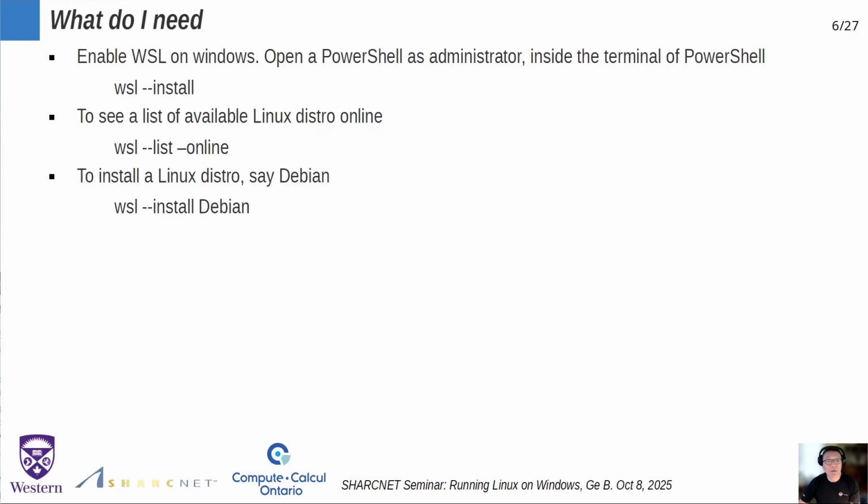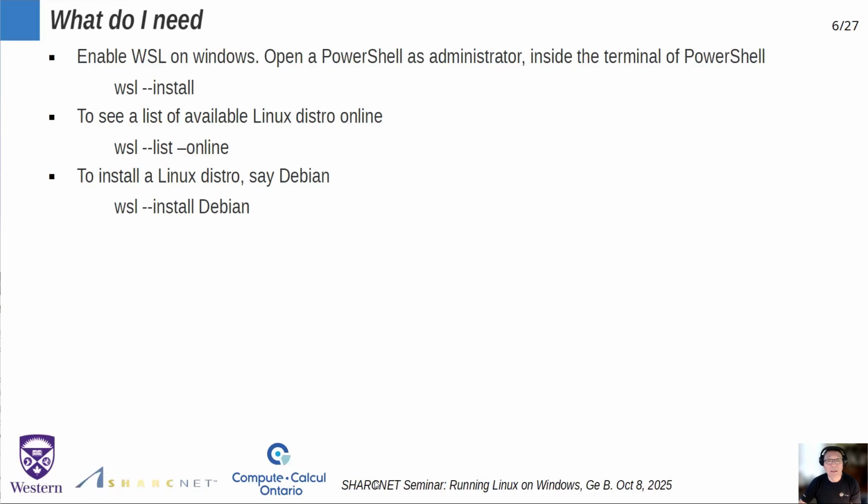Here are a few steps to enable WSL on Windows. We have video recordings made by SHARCNET staff that set things up, available on the SHARCNET YouTube channel at youtube.sharcnet.ca. So all you need to do is fire up PowerShell as administrator on Windows. And from the command line, just type wsl --install.